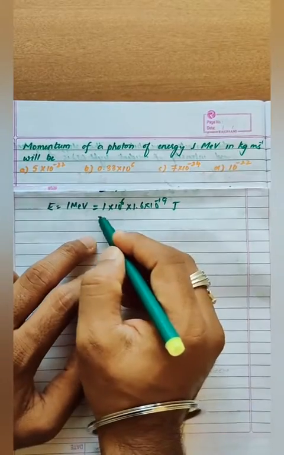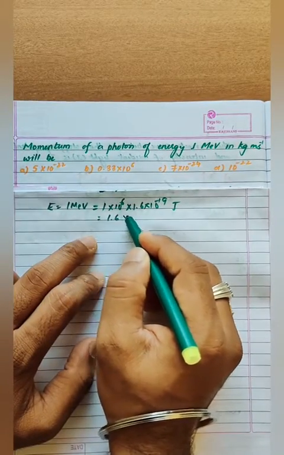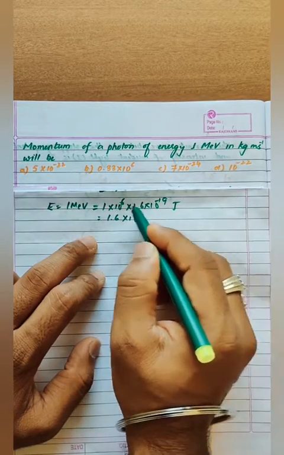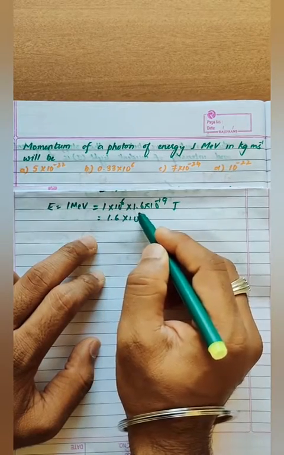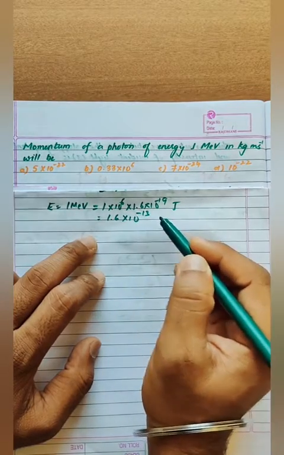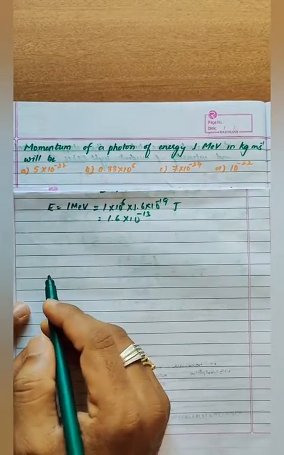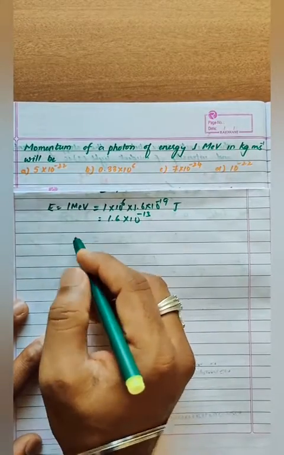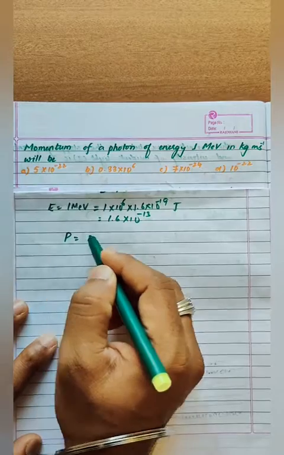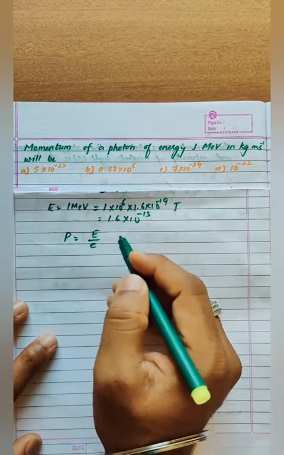So in total it is 1.6 into 10 power minus 13, right?